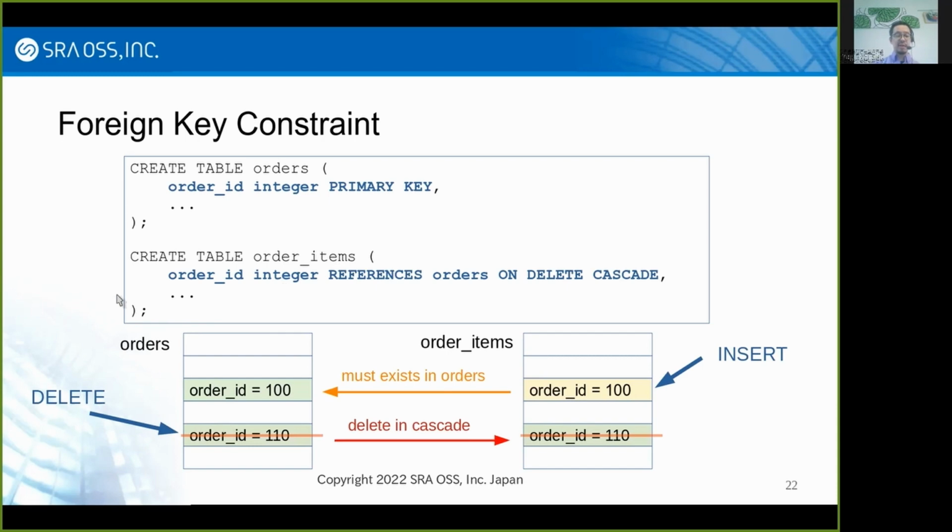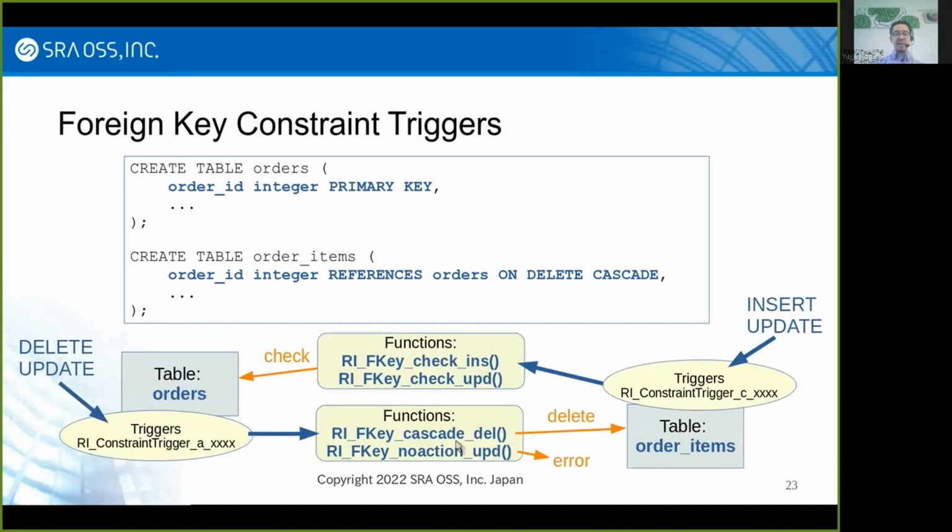And on the other hand, if a record in the orders table is deleted, in this definition, the record with the same key in the order_items table must be deleted in cascade. Such checks and actions are implemented using constraint triggers. When such a constraint is created, such triggers are created.